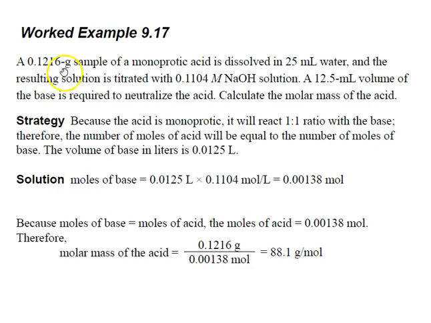We can take our mass here, and we get 0.1216 grams divided by moles, and we've set this up as a gram to mole ratio, which is what molar mass is, in grams per mole. So this should be 88.1 grams per mole.